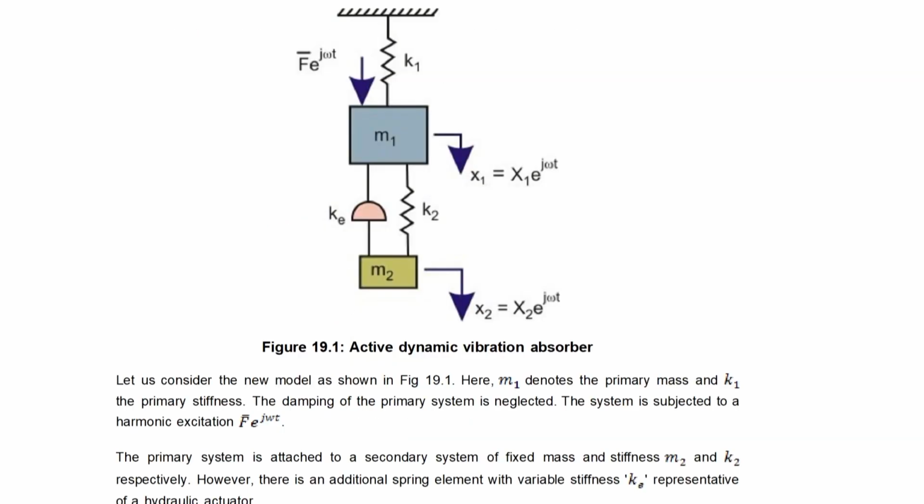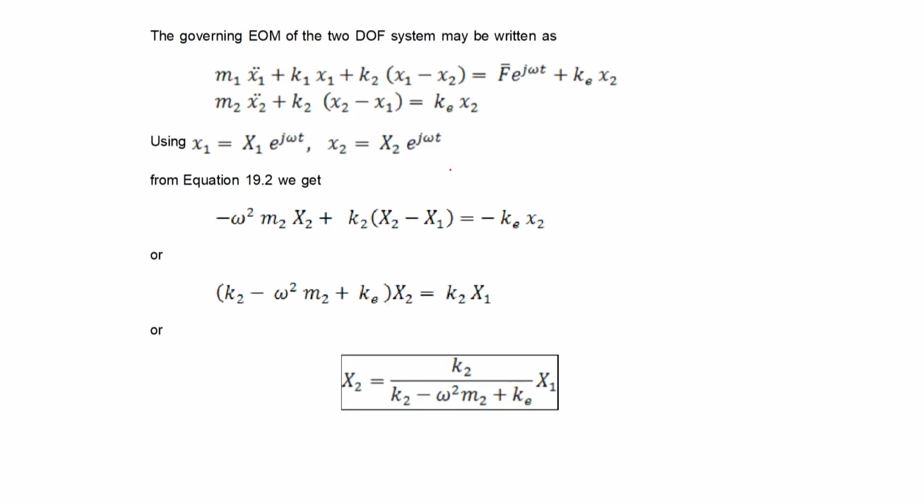By controlling this stiffness, one can show that it can tune itself to the excitation frequency omega, such that you can get a 0 vibration response x 1. You can get a relationship between x 2 and x 1 with the help of the equations of motion of the two systems, convert them in the frequency domain, and then get the response of x 2 with respect to x 1.